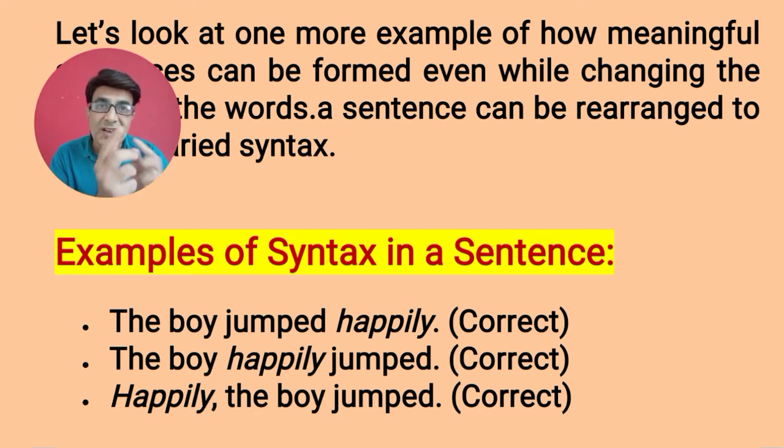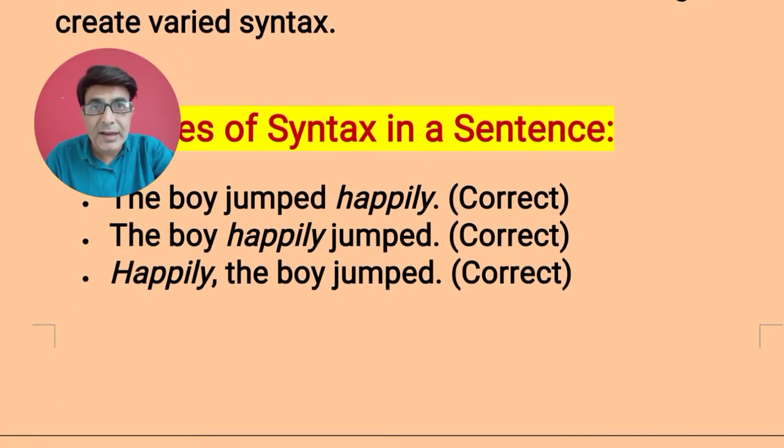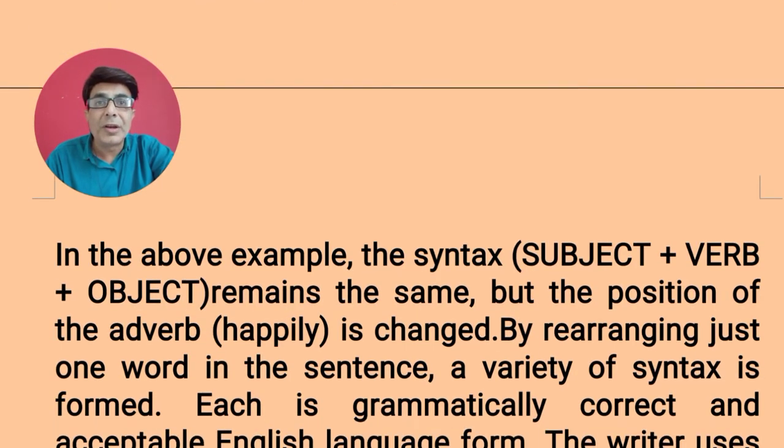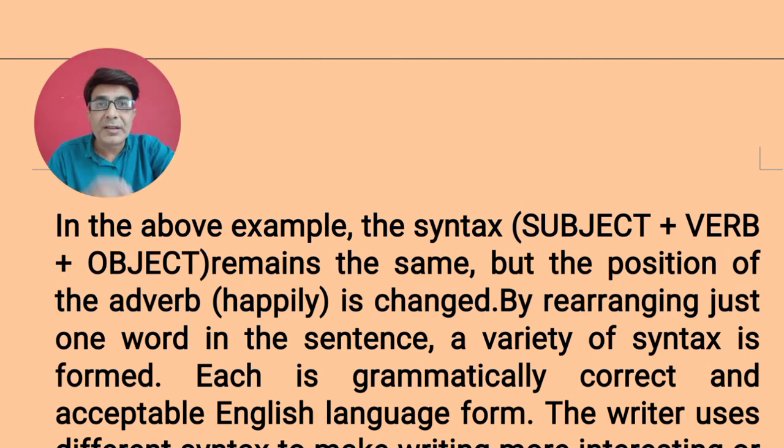Or you can change the order and say the boy happily jumped. This is also correct. Or you can say the sentence happily the boy jumped. This is also correct. Here we can change the order of the words without harming the meaning of the sentence.